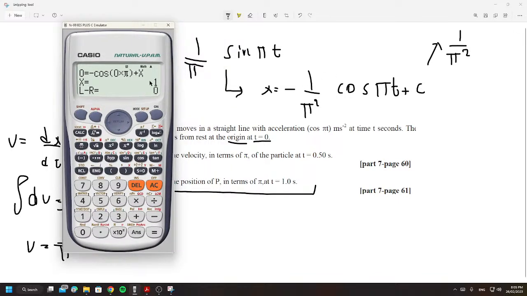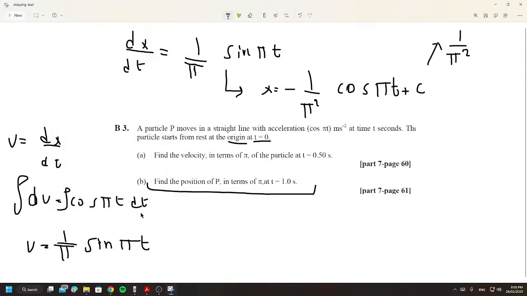Just give me a sec, guys. If I get this right, I'm going to explain why it's 1 over pi squared. Is anyone still watching this stream? Okay, there are people watching.